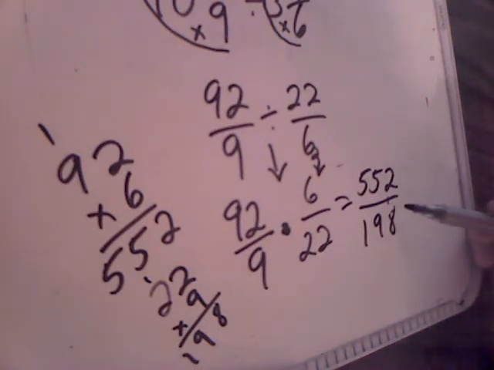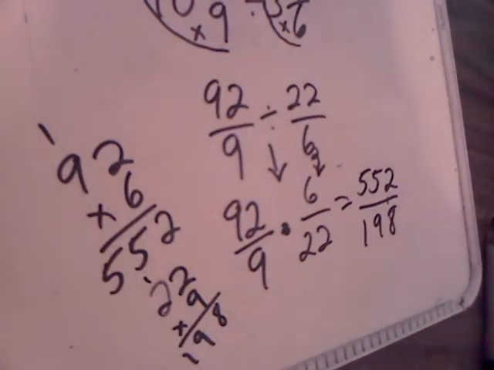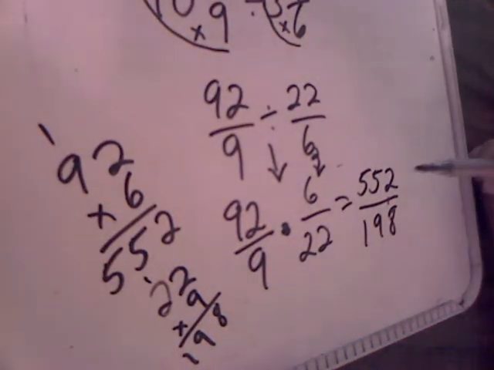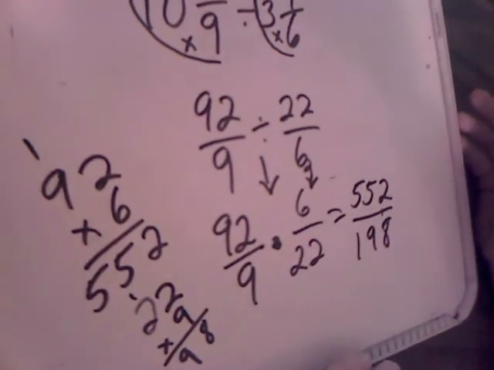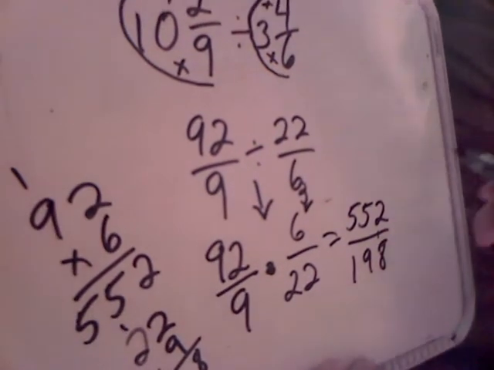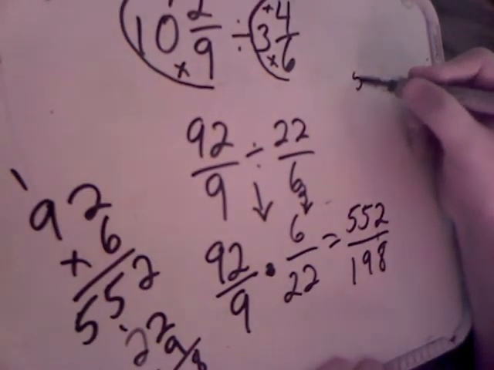Rather than go through the long division process, which is definitely doable but a little bit challenging, I know that 198 is close to 200, and 552 is close to 550, or we can say 600. So we can guess that 198 is going to go into 552 somewhere around 2 or 3 times.